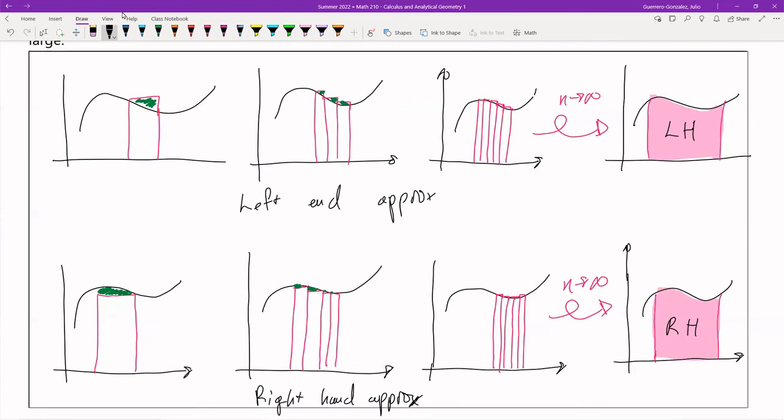And we can essentially say that both of these approximations are now essentially equal, that our left end approximations and our right end approximations are equal, plus or minus a very, very small underestimation. That's the idea of a limit. All of this can happen only if we do that n approaches infinity.